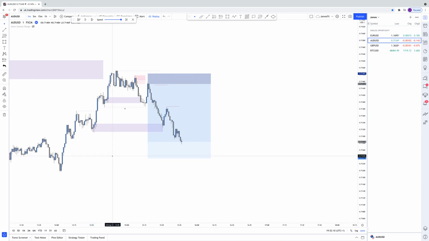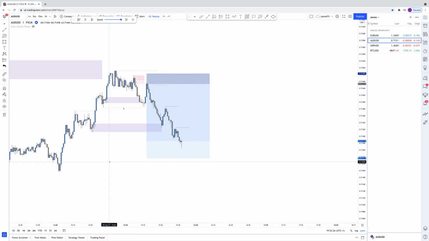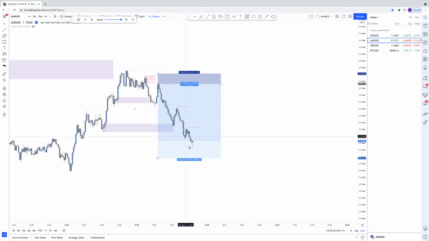So for me, once it's broke, lower low, lower high, lower low, lower high, I would be moving my stop loss down just above that high there to lock in 4.3. So just literally following structure and the trend down.